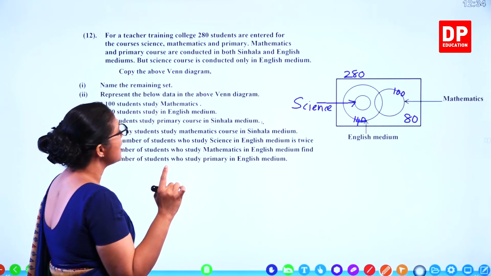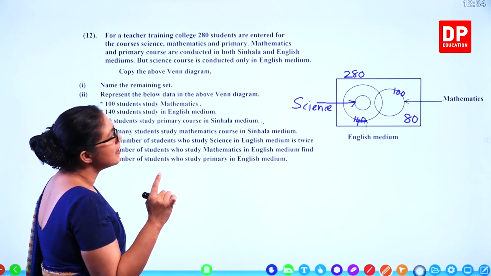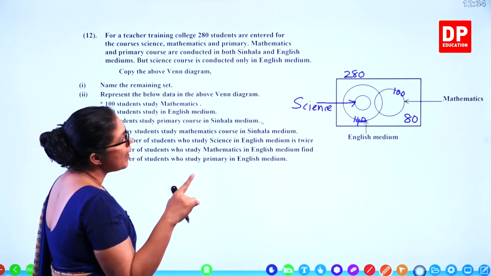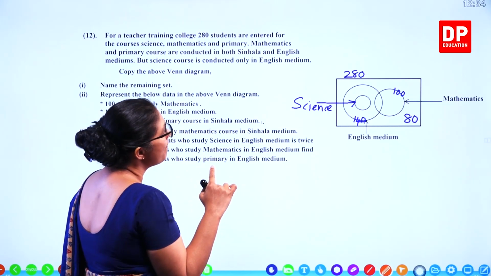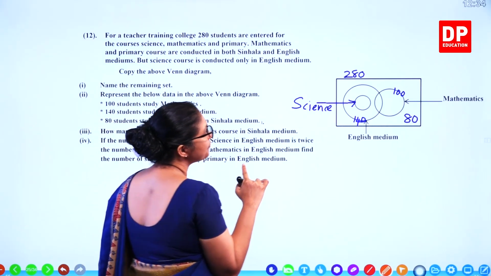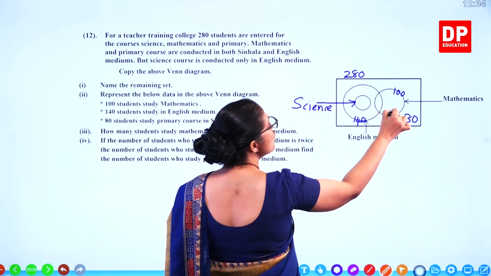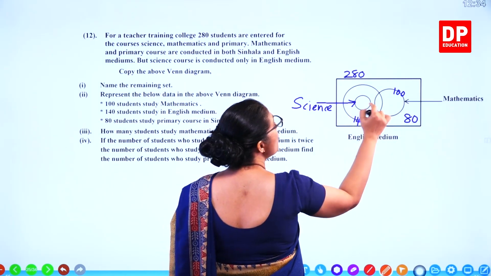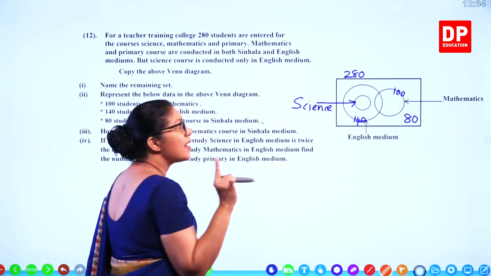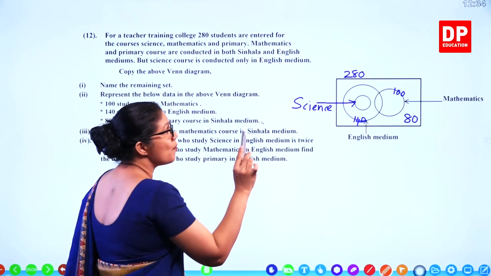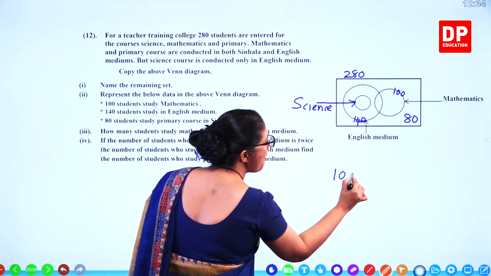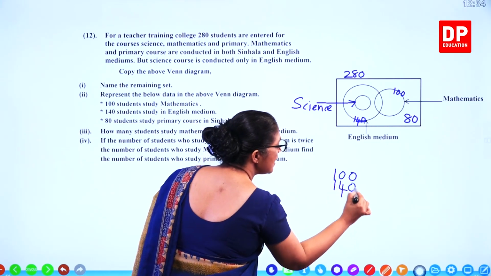How many students study mathematics course in Sinhala medium? Now we have to find out the values. So we'll see. 280 minus 80 is these two circles. Now how can we find out the intersection? We can add 100 plus 140.